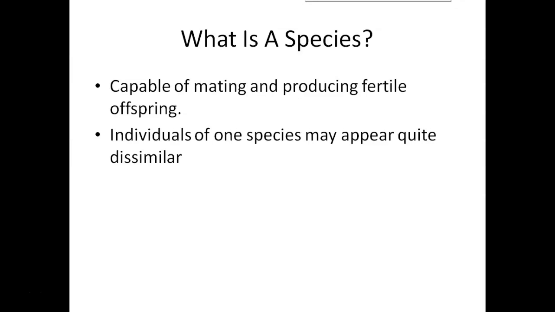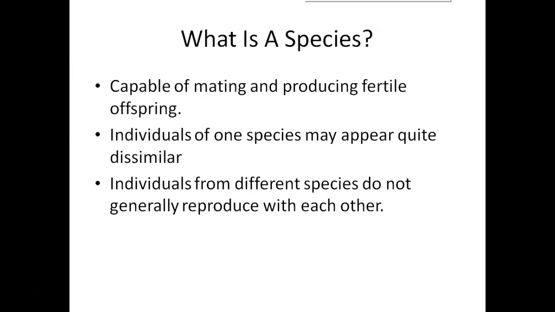Now when we look at species, sometimes the individuals of that particular species can appear quite dissimilar, meaning that they might not look the same between the juveniles and the elders, or maybe they look different between males and females, like your male peacock and your female peahen. Okay, so we see that there are definitely variations among these species, and we notice that individuals from different species do not generally reproduce with each other.